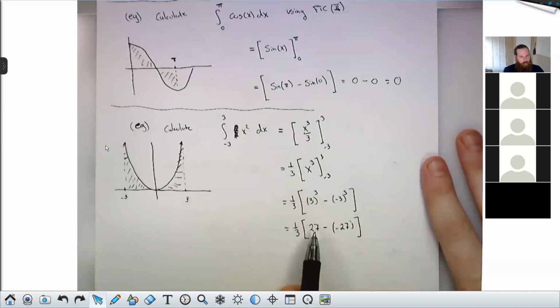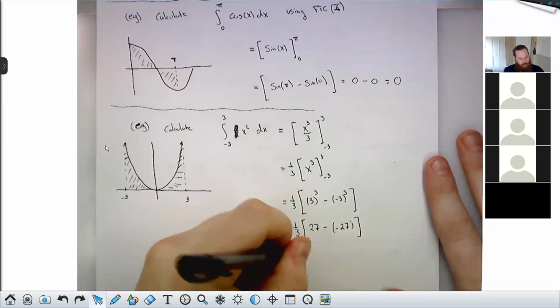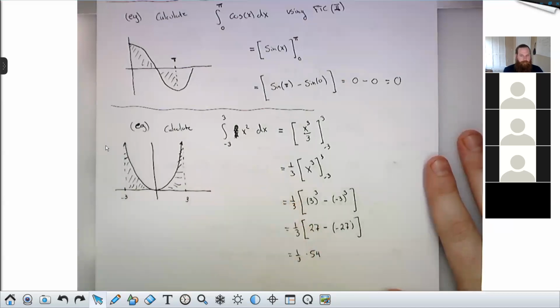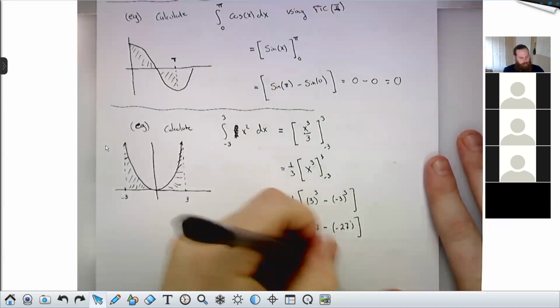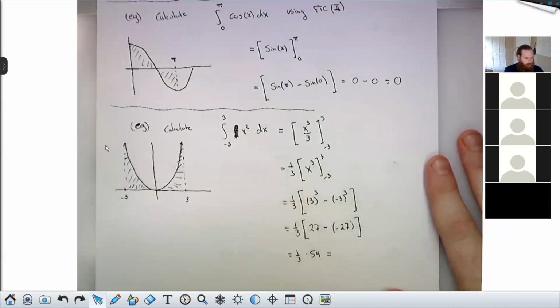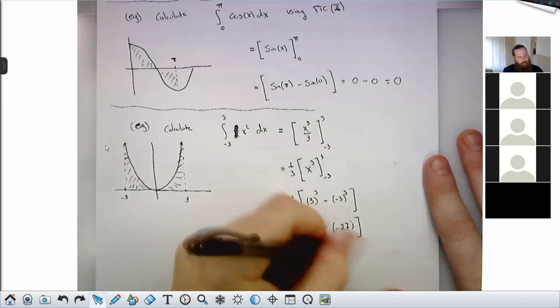So this is 27 plus 27, which is 54. And 54 is divisible by 3. What is that? 12? Is that right? 54 is 9 times 6. If you divide by 3, that's 3 times 6 is, oh no, 18, right?